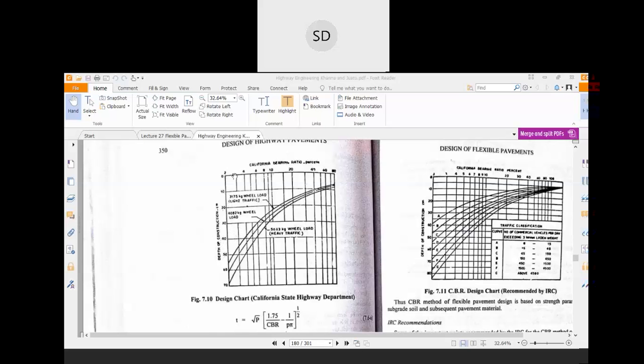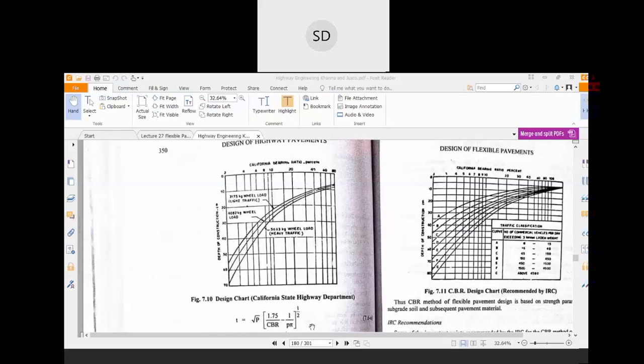You just have to read the curve where the California bearing ratio values are and where the depth of the section is. Another curve mentions the different traffic conditions. From that, you select the traffic condition as mentioned in your question or as found from the survey, and from that you find the total thickness of the pavement section.